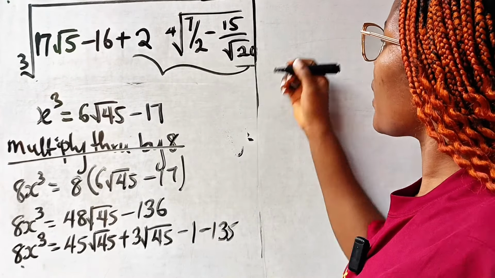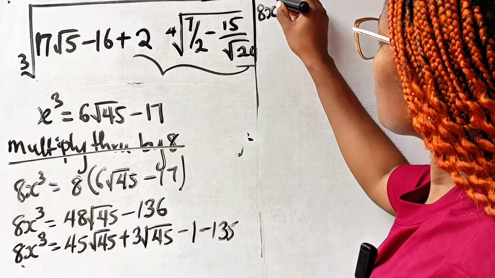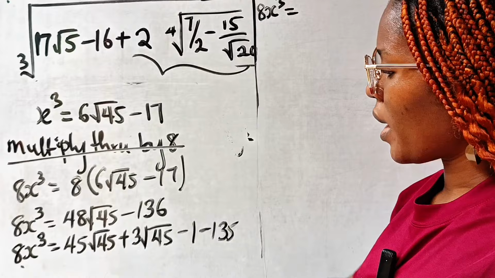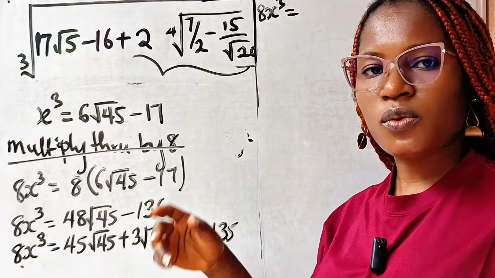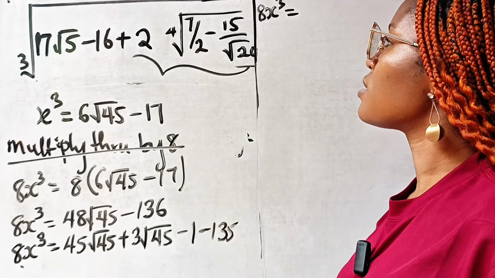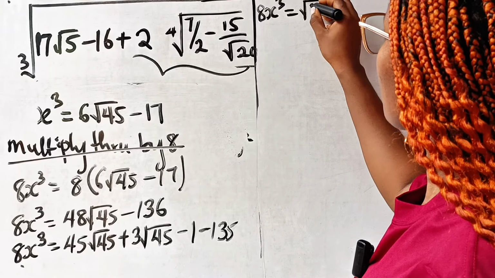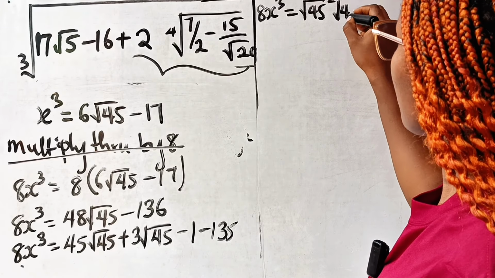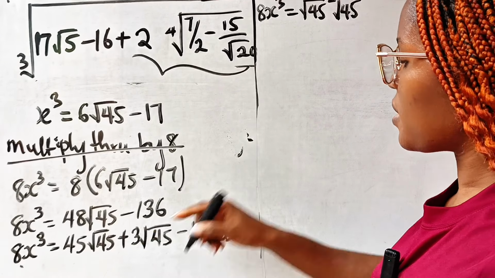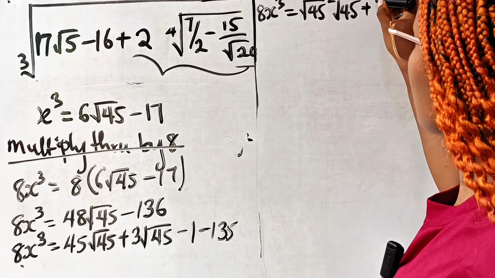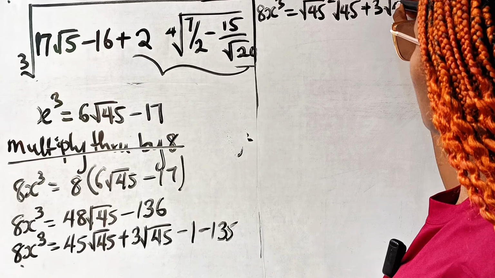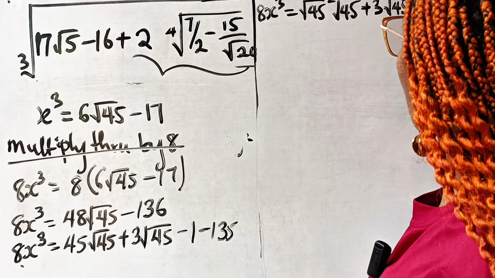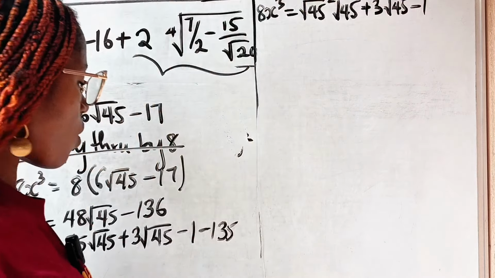So moving forward, we have 8x to the power of 3 is equal to, so we have 45 is the same thing as square root of 45 squared. So we can write this as square root of 45 squared multiplied by root 45 as well, plus 3 root 45, minus 1 cubed. 1 can be written as 1 cubed.